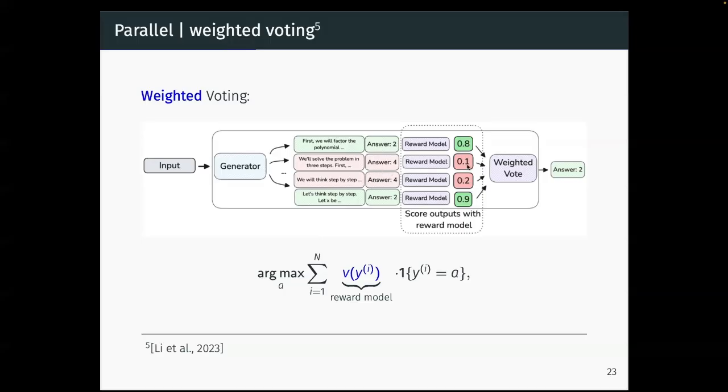But now we use our reward model and get some scores, and then we sum up over the different answers. Here 0.8 plus 0.9 is more than this, so we would still pick the answer 2. So this is called weighted voting, and the key difference is you're now incorporating this reward model.